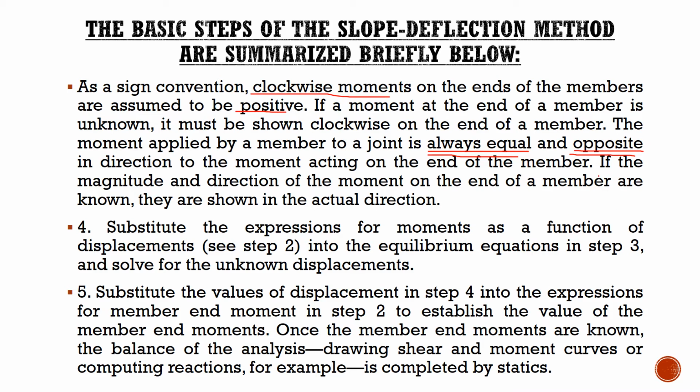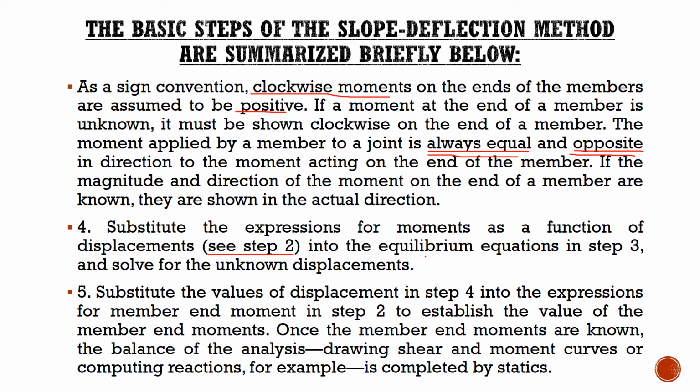If the magnitude and direction of the moment on the end of the member are known, they are shown in the actual direction. So number 4, substitute the expressions for moments as a function of displacement, which were seen in step 2, into the equilibrium equations in step 3, and solve for the unknown displacements.